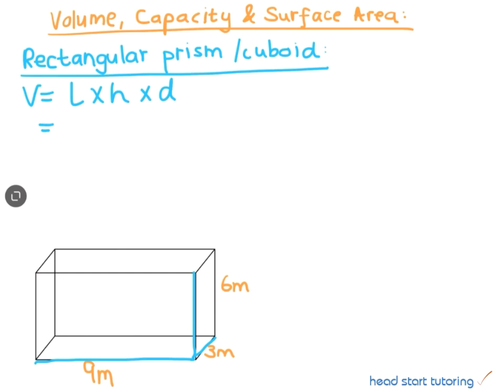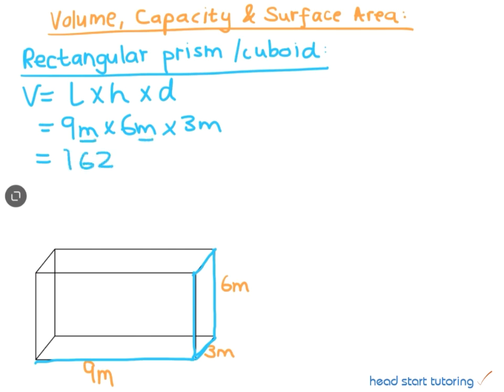So our length there is 9 meters multiplied by our height, which is there, 6 meters, and then by our depth, which is there or there, which is 3 meters. So now we have 9 multiplied by 6 multiplied by 3, and that will give us an answer of 162.